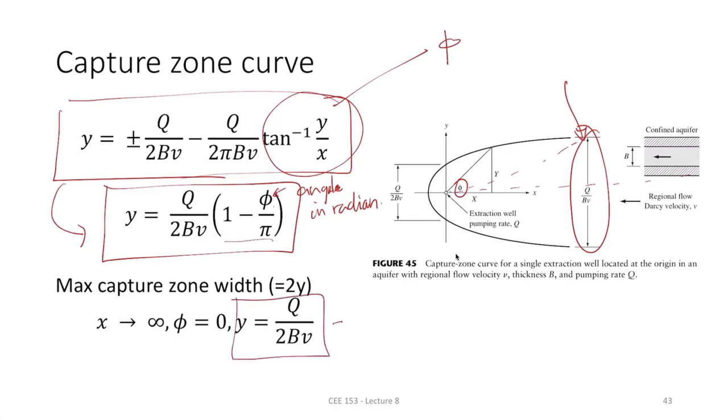That's why this y is Q over 2bv. And the total width will be 2y. 2y is the total width of the capture zone, which is basically 2Q over 2bv. That's why it's written that the entire capture width is Q over bv.